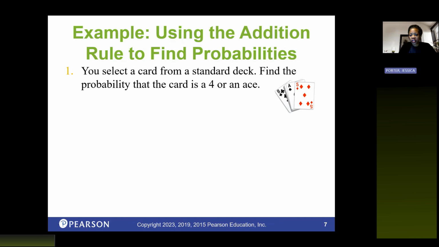But do they have any outcomes in common? The fours and aces. There's 4 aces in the deck, but do the fours and the aces have anything in common? If I laid out all the fours and I laid out all the aces, do they have anything in common?